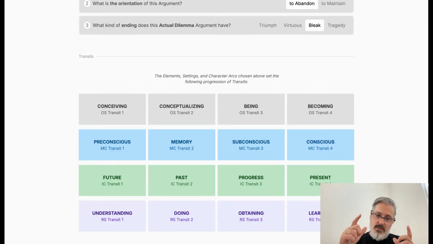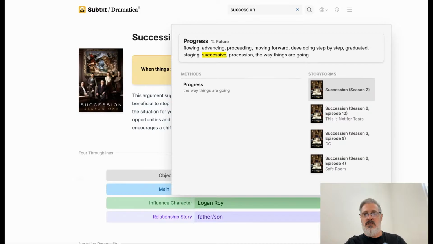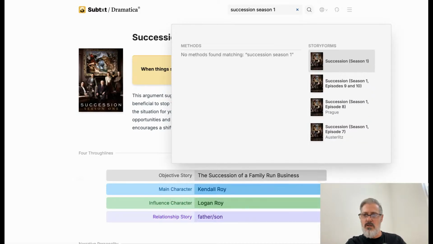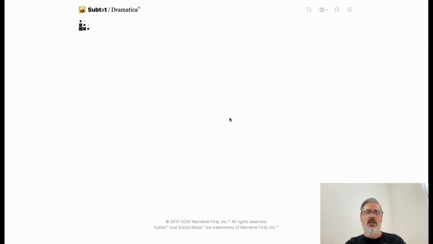But what's neat about the first season is the connection point between this overarching story form and the individual episodes is that the goal of each episode matches the objective story signposts that are present here. So we have conceiving, conceptualizing, being, becoming. If I go to the first episode of that first season and I say Succession, season one, episode one, celebration, you'll see that the goal here is conceiving.